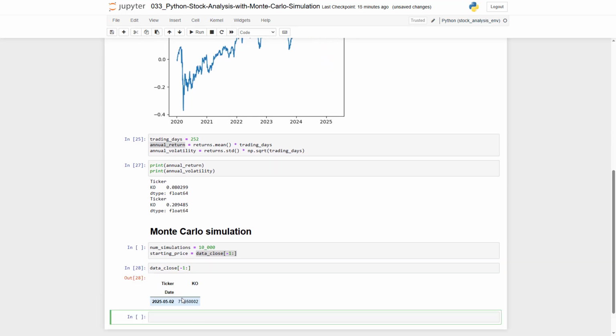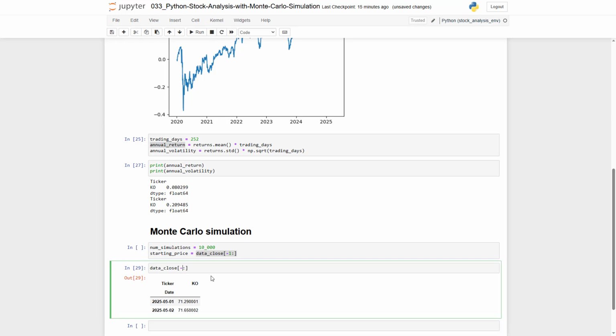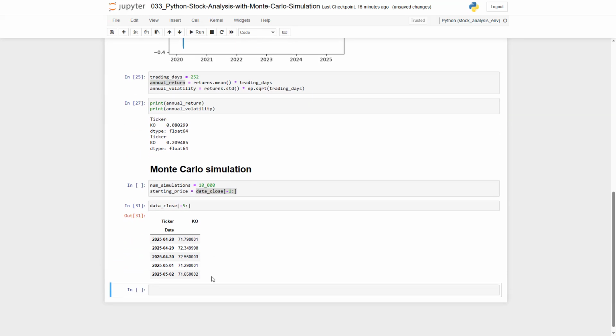Just to show you what is here in data close, you'll see that it just took the last day available. So today is actually the 4th of May, but it took the 2nd of May because this was the last working day of the stock exchange for Coca-Cola, for which Yahoo has data. And if we do -2 here, it would give us the last 2 days, the last 3, the last 5. This is called slicing and dicing in Python, and it's actually useful.